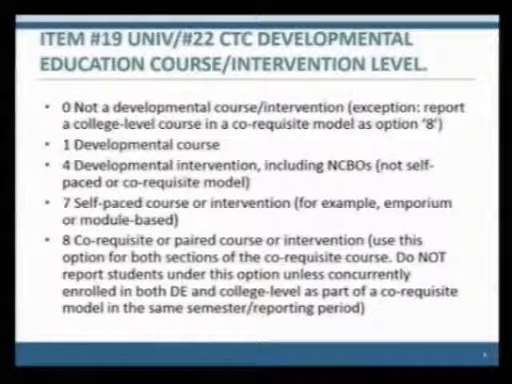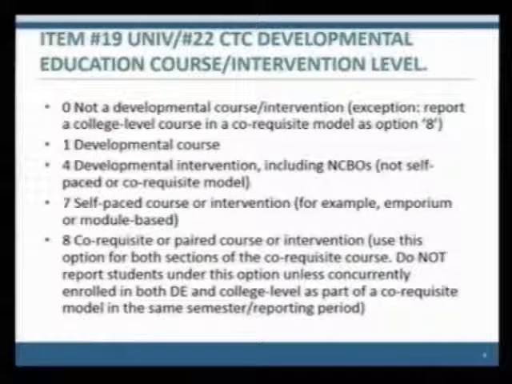So for example, the record I'm giving you now on the S is for college algebra, so you're going to be reporting the course code, all the information for this college algebra course the student has taken, their grade in college algebra, etc. But that college algebra course is part of a pairing with a developmental education course or intervention. We want you not to tell us 0 here, it's not a DevEd course. We want you, if possible, to give us an 8 code.